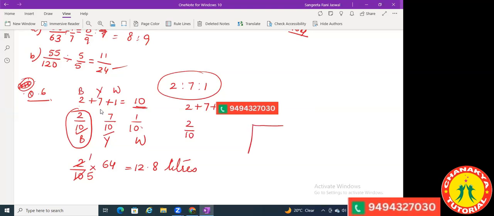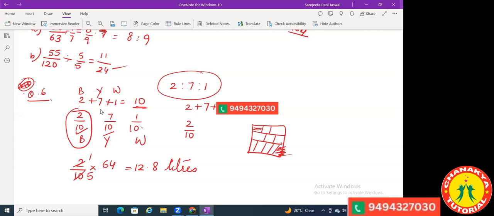Suppose I make 10 boxes here: 1, 2, 3, 4, 5, 6, 7, 8, 9, 10. So these are 10.